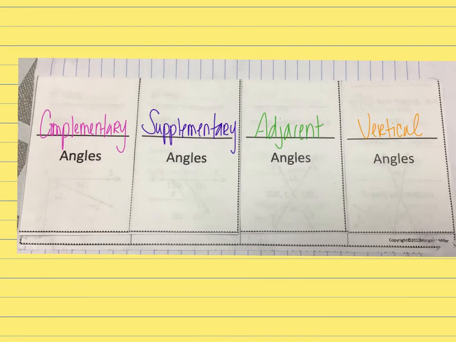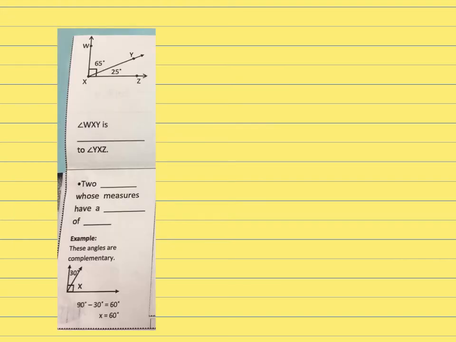Okay, so different types of angle relationships, and we're going to look inside. When you open up the first flap, it says angle WXY is complementary, and the reason that it's complementary is because it makes this right angle.